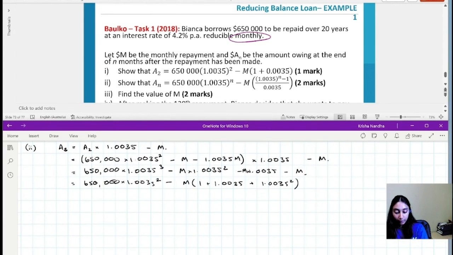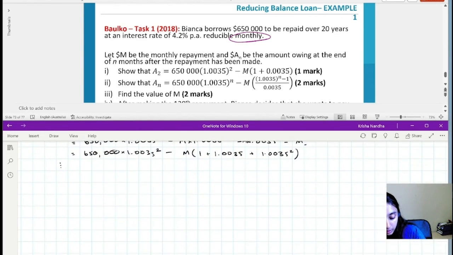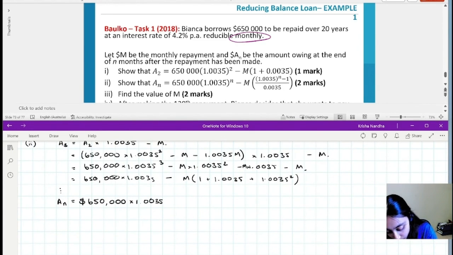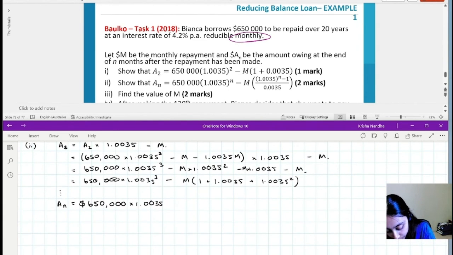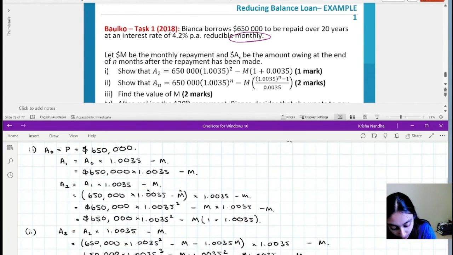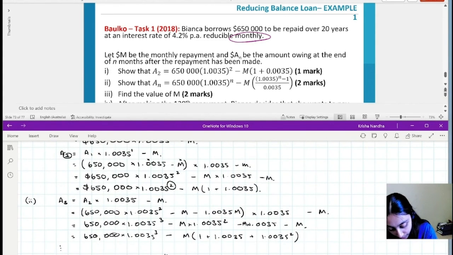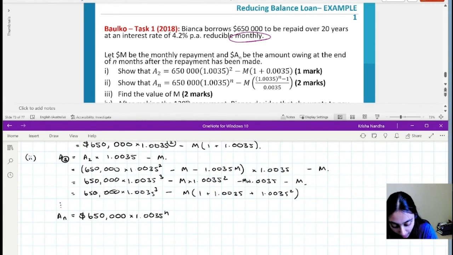So what I'm going to do is I can extrapolate what it'll look like at A n. So A n will be equal to 650,000 times 1.0035 to the power, oh, sorry, that's supposed to be 3, of n, because let's take a look. So when A is 1, the power is 1 over here. When A is 2, the power is 2 over here. And when A is 3, the power over here is also 3.